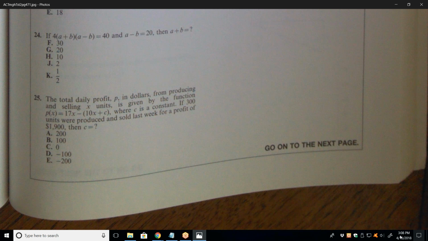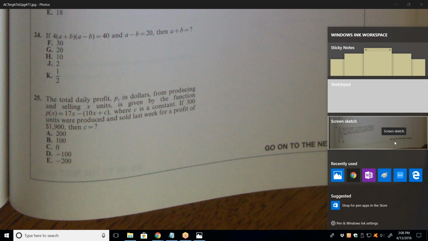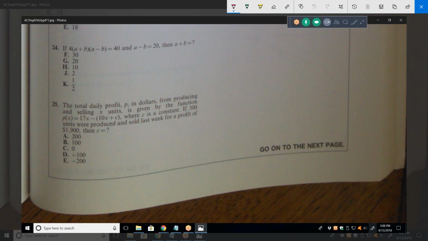Number 25. Don't be fooled by the complexity of their statement. Very easy problem.